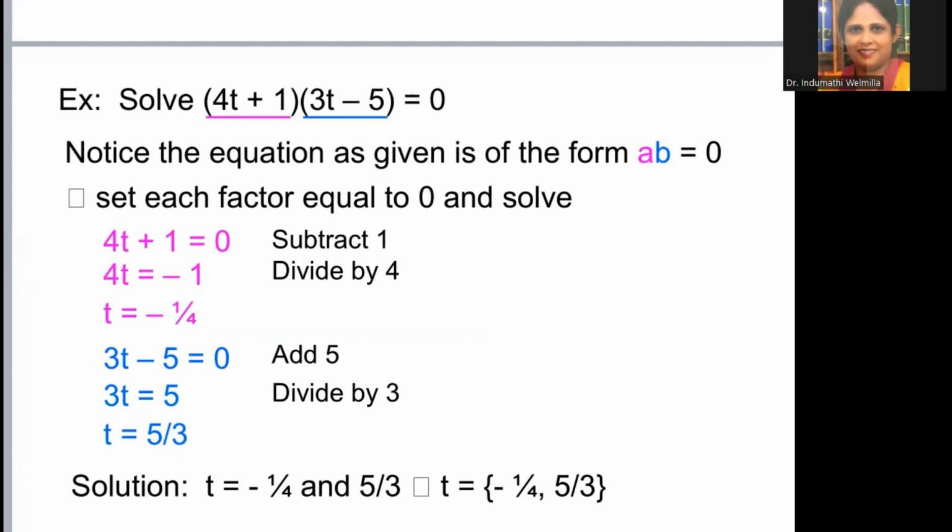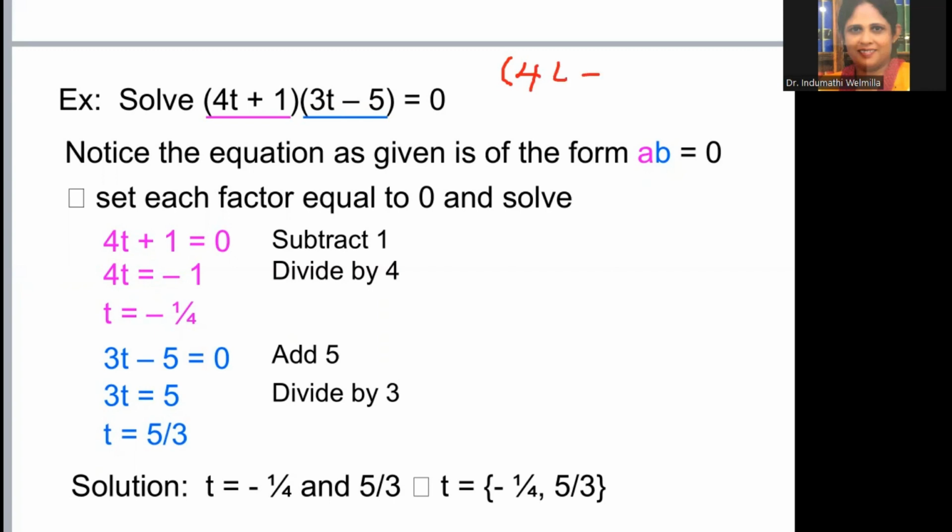In this example, you can see I have given two brackets, that means factors, right? But we know this is a quadratic equation. Why? Because when we multiply these two factors, we can get the original equation.